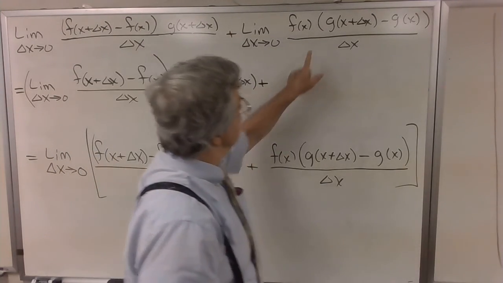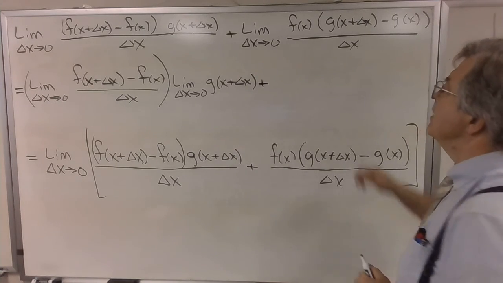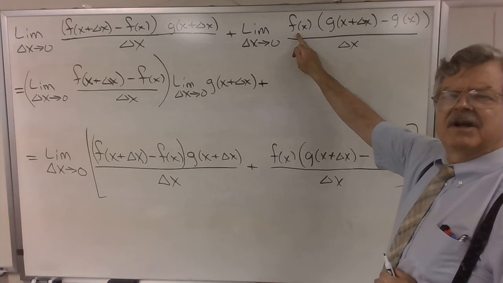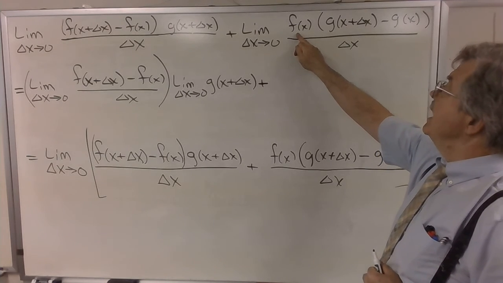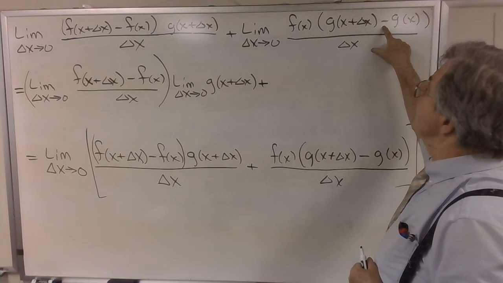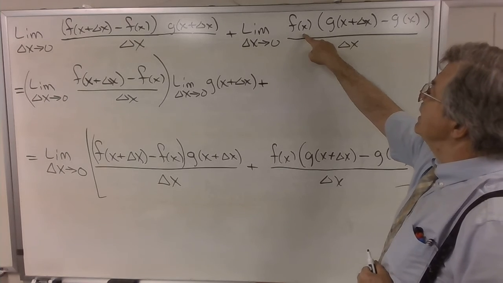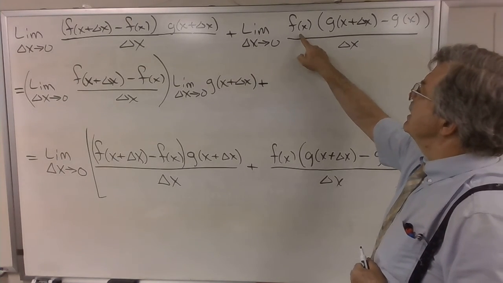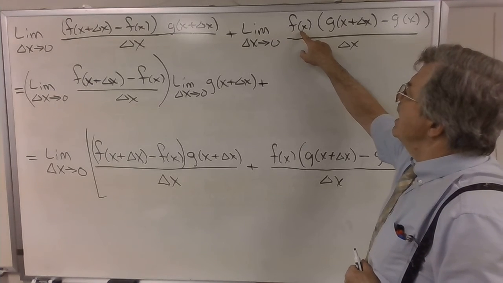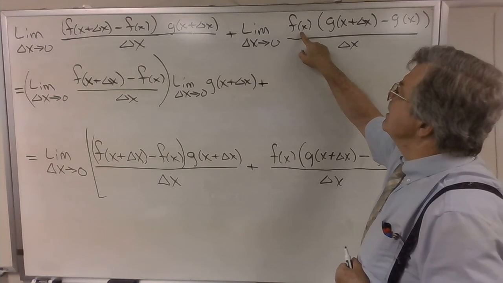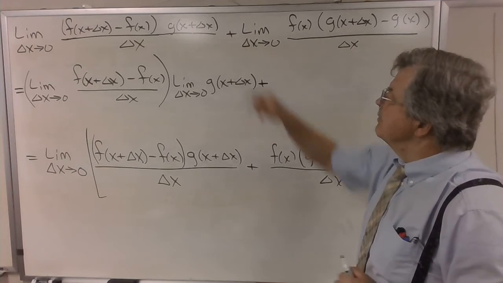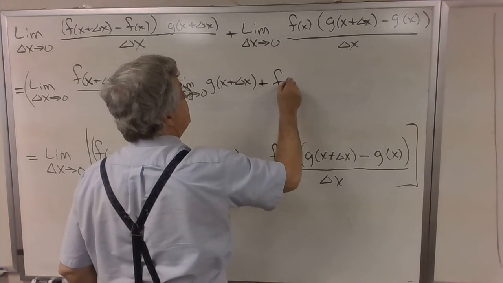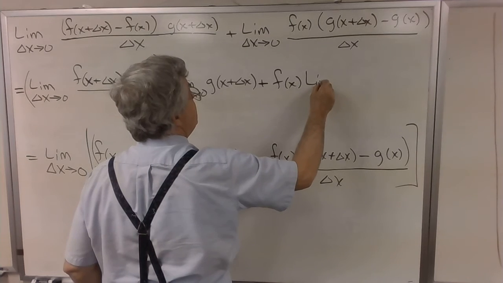And let's look at this expression. With respect to delta x, f of x is a constant. I have f of x times this thing, that is a constant times this thing. Well, if I have the limit of a constant times a function, I can just move that constant out in front of the limit sign. So I'll take the f of x and put it out in front of the limit.